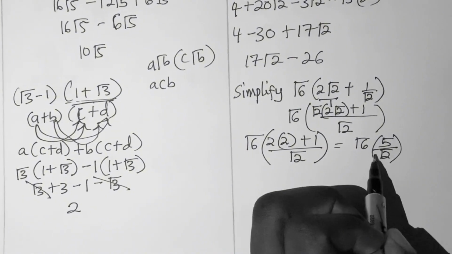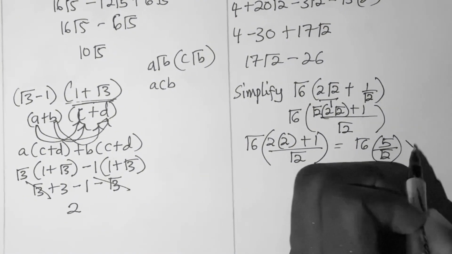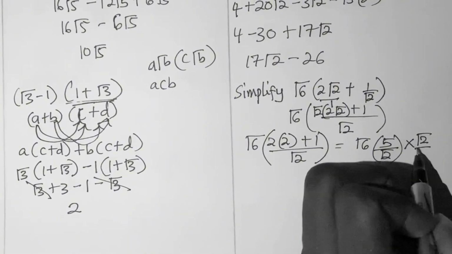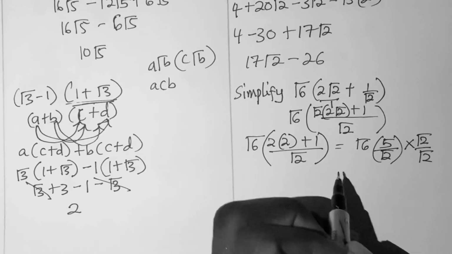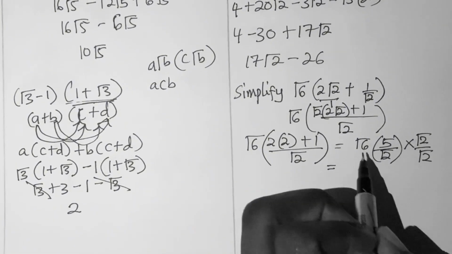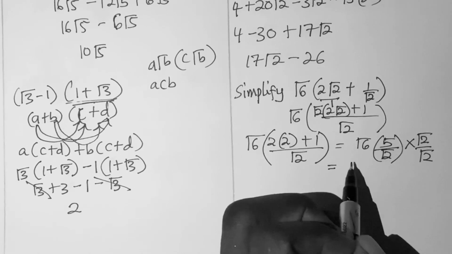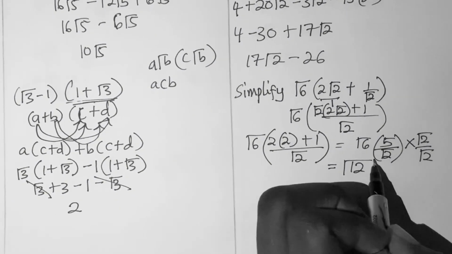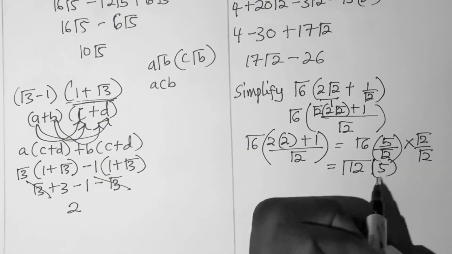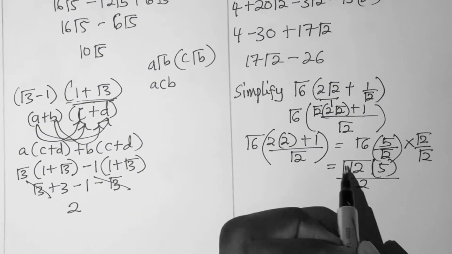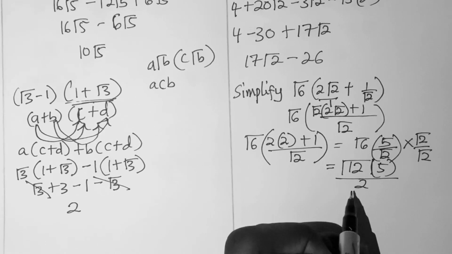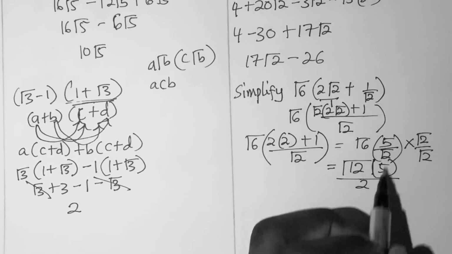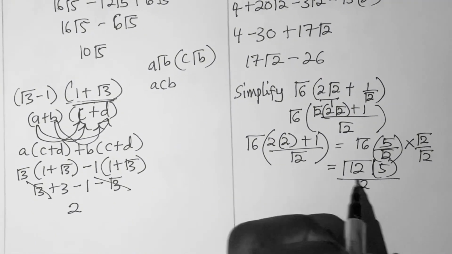So what we can do in this case is to rationalize. We rationalize by multiplying numerator and denominator by root 2 over root 2. So this becomes, now, root 6 times root 2 will give us square root of 12. Then times 5 divided by 2. Now, square root of 12 is the same as square root of 4 times square root of 3. And square root of 4 is 2.